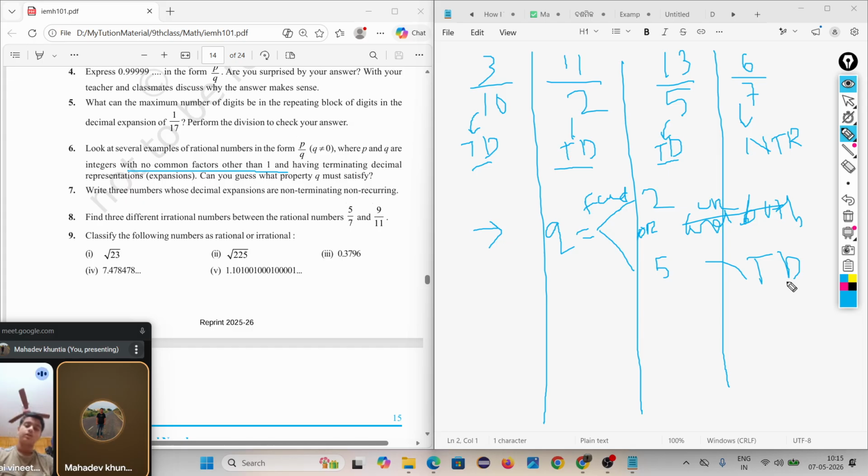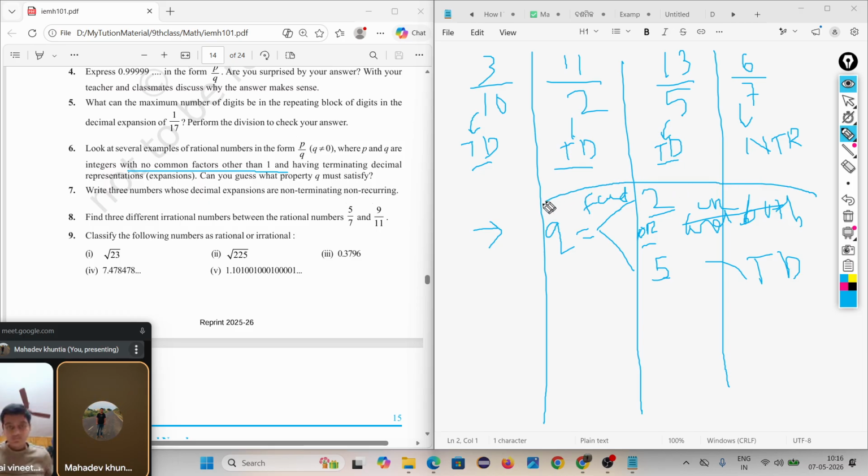You understand my sentence? Only if the factors of q are only 2, or only 5, or both 2 and 5.